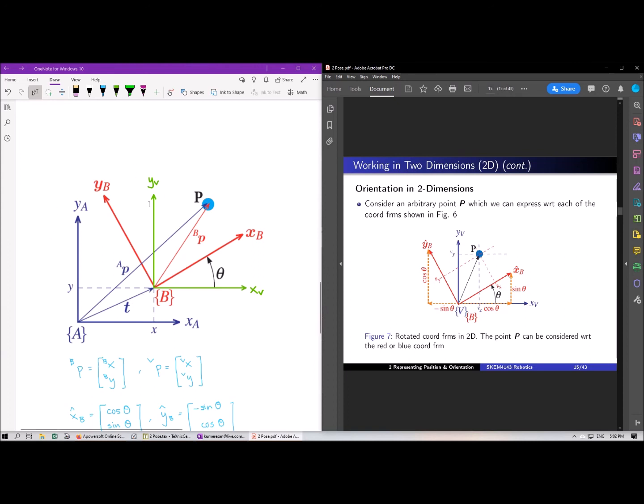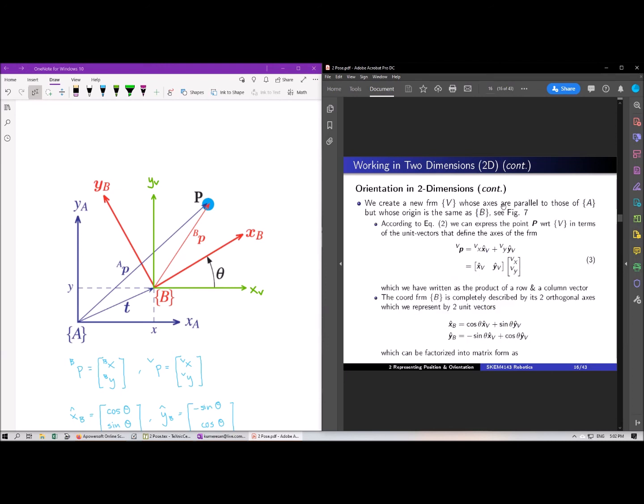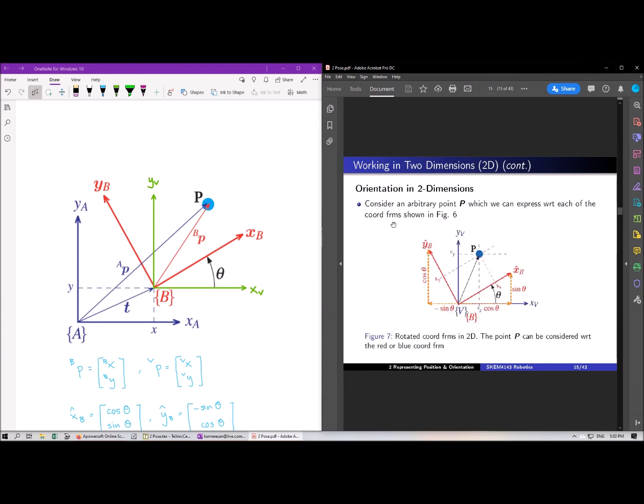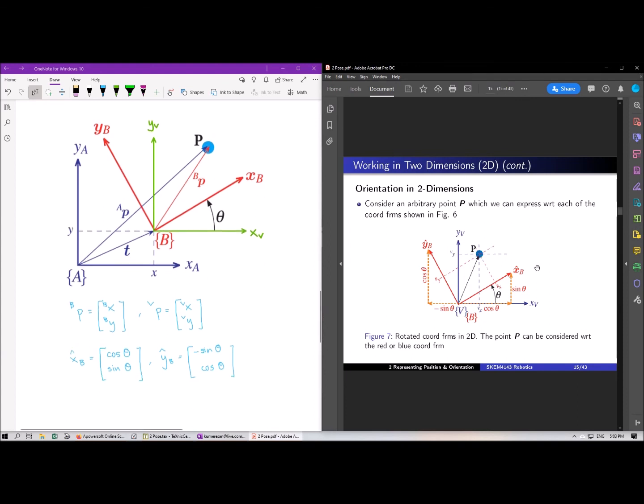This is figure 6 without the green coordinate frame, and we have an additional coordinate frame V. V is a new frame whose axes are parallel to A, but whose origin is the same as B. Looking at P, if we describe P with respect to B, we have XB, YB.